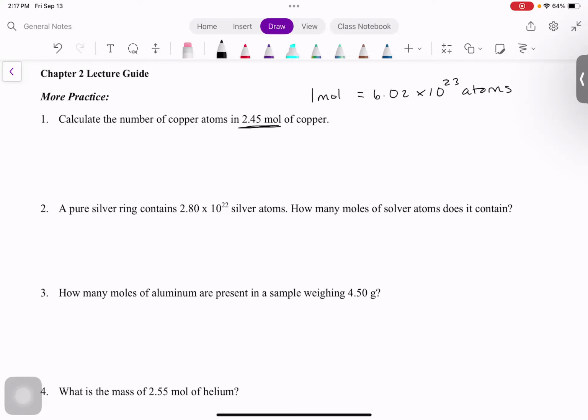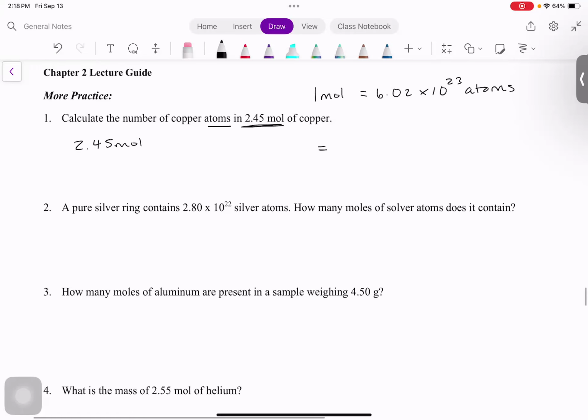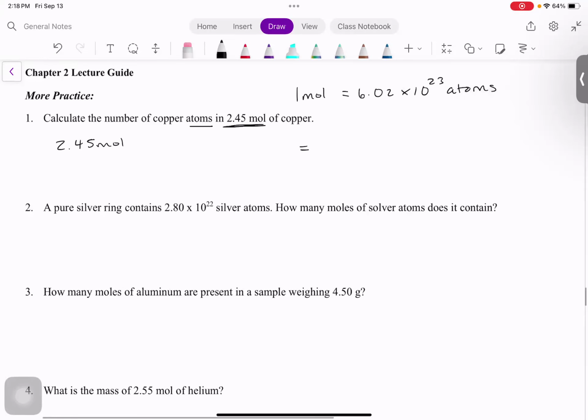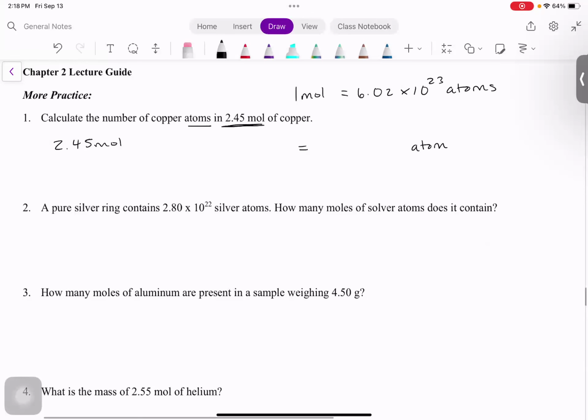So if we want to know the number of atoms in 2.45 moles, well, we're going to start with our 2.45 moles because that's the quantity that we have. We know that we want to convert this into atoms. So I'm starting with moles. I want to end up with atoms. I'm going to use that conversion that 1 mole is equal to 6.02 times 10 to the 23rd atoms.